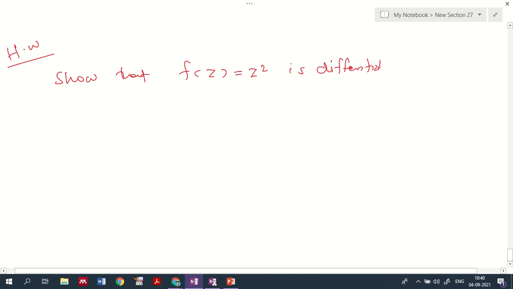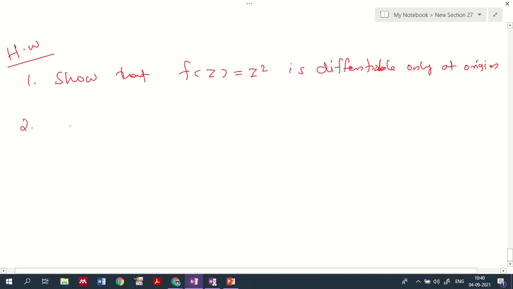The function is: show that f of z equal to z square is differentiable only at the origin. Differentiable only at origin. So this is the first one you have to do.